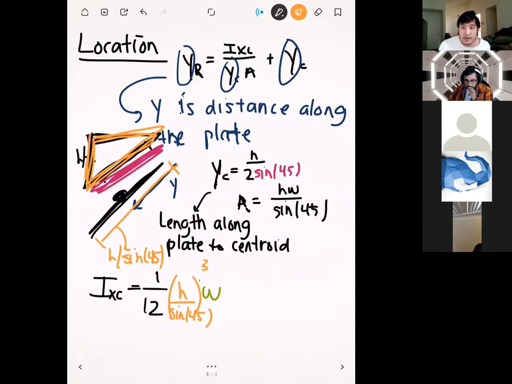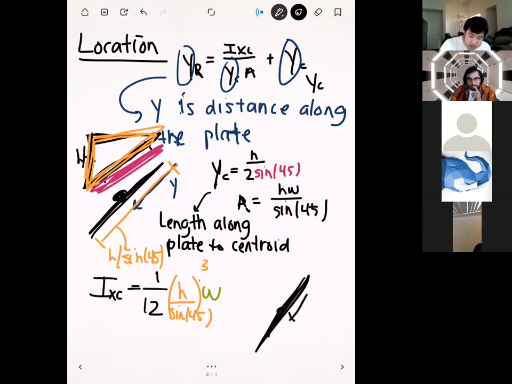Question: how to get h over 2? Yeah, absolutely. In the formula for the location of the hydrostatic force, we have these quantities here, YC, where YC is the distance along the plate that it takes to get to the centroid. Whenever you see C there, C stands for centroid. The way that I compute this is, we have a plate like this, and we have the centroid, right?